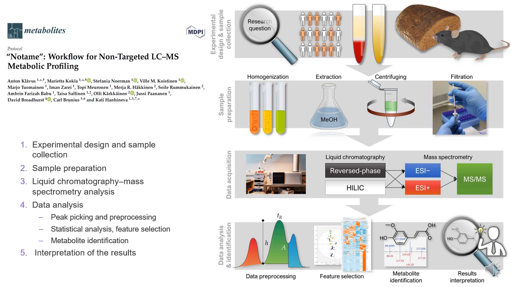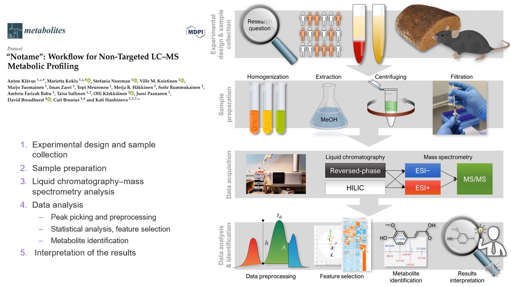So yesterday, on Monday, we already went through a little bit of the experimental design and sample collection, and here I would like to just remind or repeat once again that any biological sample can be used for metabolomics analysis, and the study setup and the study question of course depend on what your focus is.